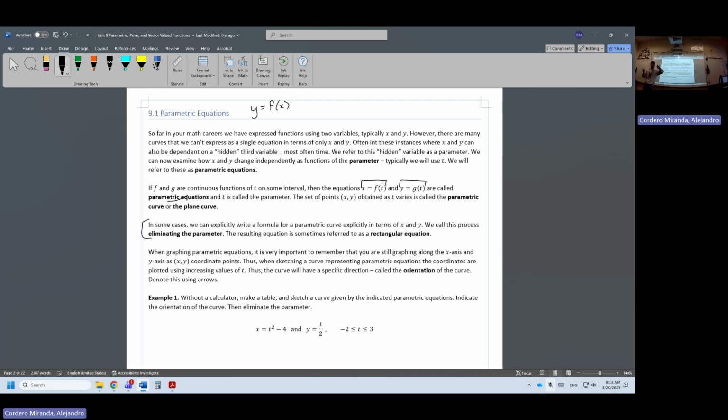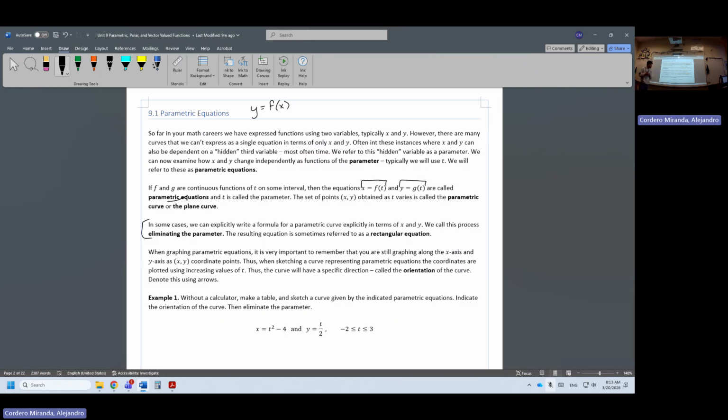You can make this new crazy function, or not even a function, this new crazy graph that you can't make if you just rely on rectangular functions, y equals f of x. But when you can write the parametric equations as a single y equals f of x function, that's called eliminating a parameter. You'll see that in a second again.